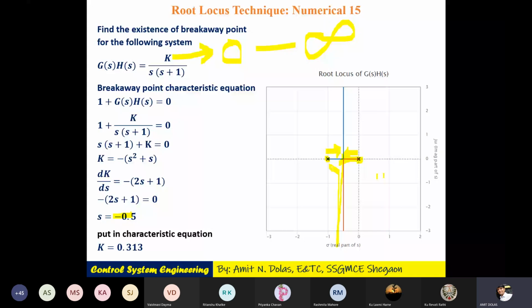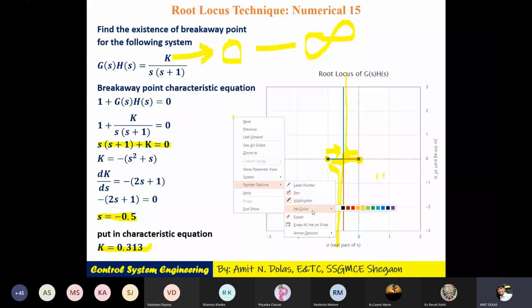You can put s equal to minus 0.5 in the equation s into s plus 1 plus K equal to 0. You will get K equal to 0.25. If your K value is that, it means both the poles meet together at the breakaway point here.